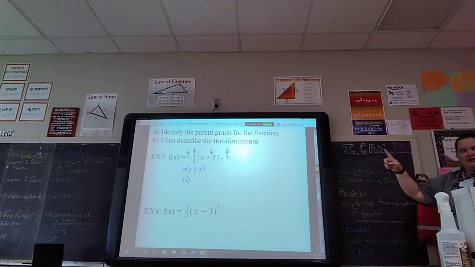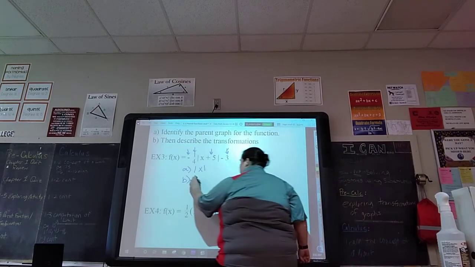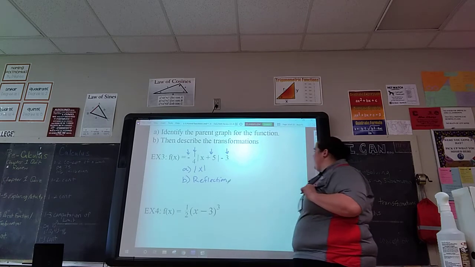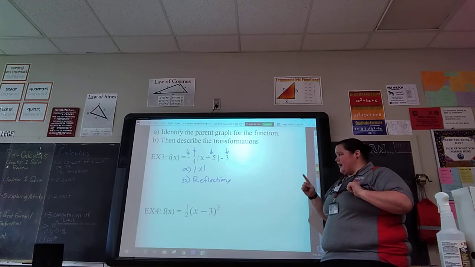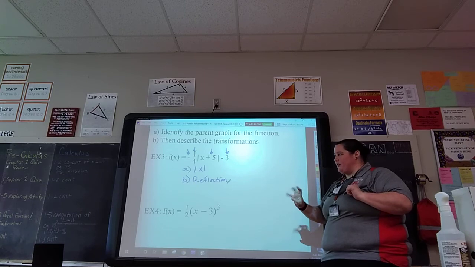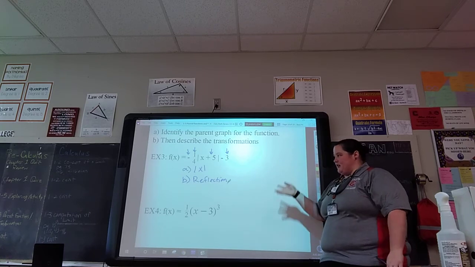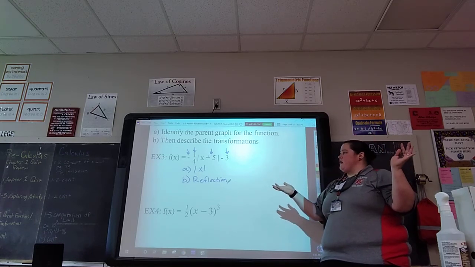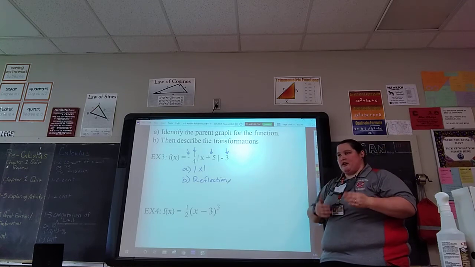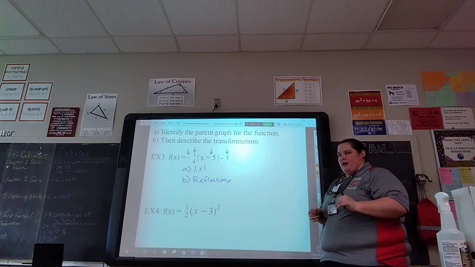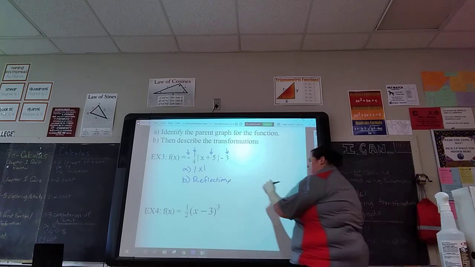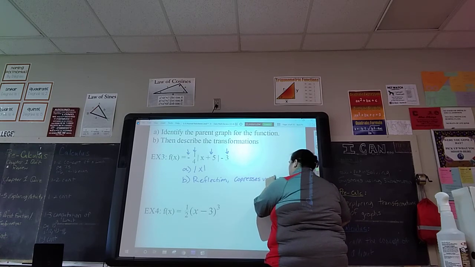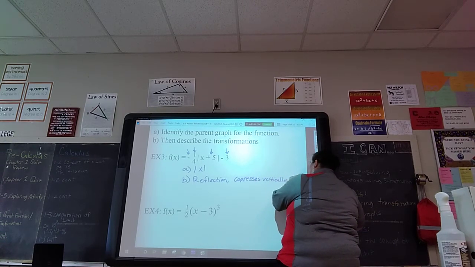So what's the negative tell us? Reflection. Then 1/4. Again, remember, ignore the negative. We're just leaving it as 1/4. That's going to be one of our expanding or compressing. So you have to look and see, is 1/4 bigger than 1 or in between 0 and 1? In between 0 and 1. So if it's in between 0 and 1, it does what vertically? Compresses. So it compresses vertically by 1/4.